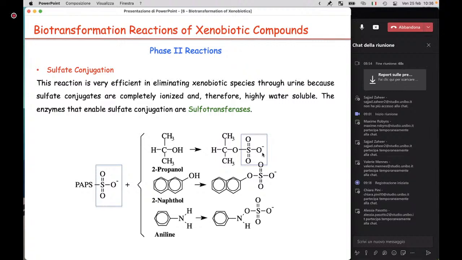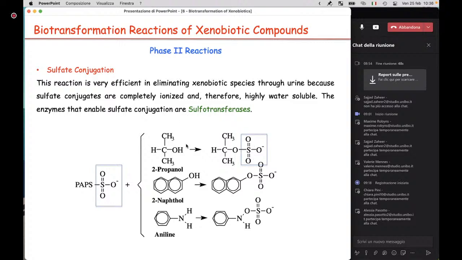This means that this oxygen is always charged. It always has a negative charge. So as you may imagine, this permanently charged group is very hydrophilic.